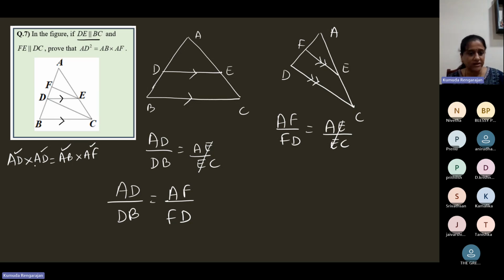I'm just comparing this result and the proportion I have. Here I have AD 2 times, I have only AD once here. I need another AD and then AB, because we only have AD and AF.